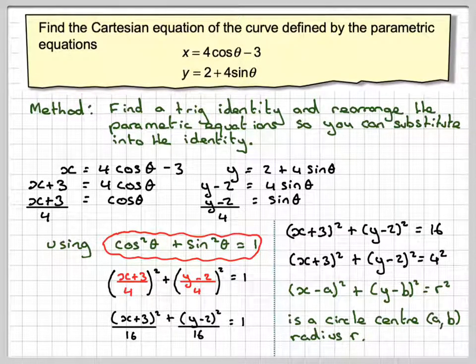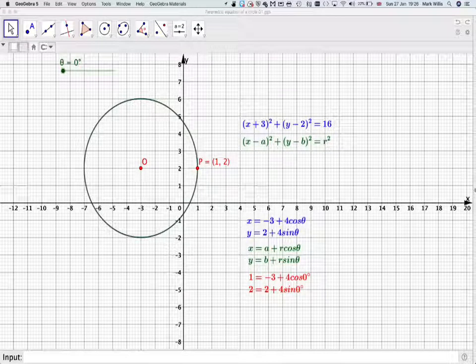Now we can see this if we look at this GeoGebra applet. So here we have our circle, which has a centre of (minus 3, 2), and we know that the radius of the circle is 4, we can see that very clearly there. And we have our parametric equations here.